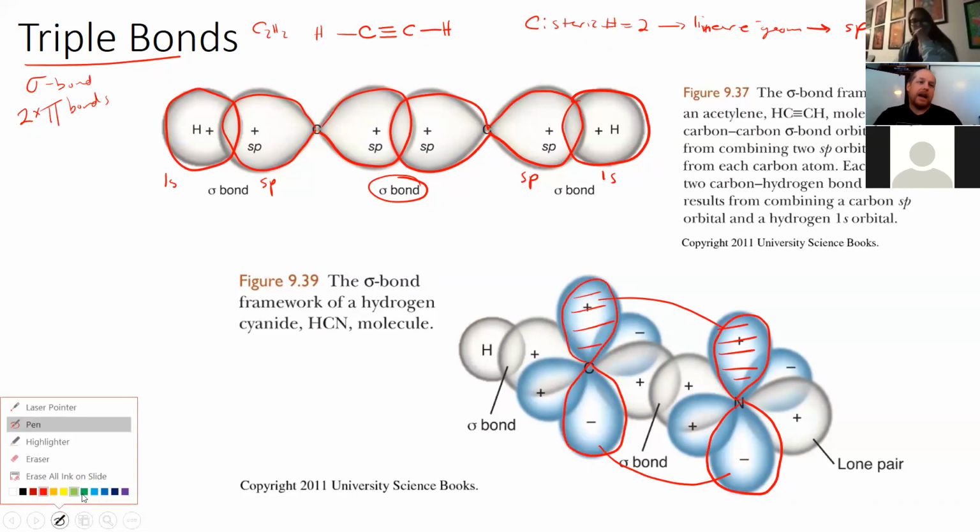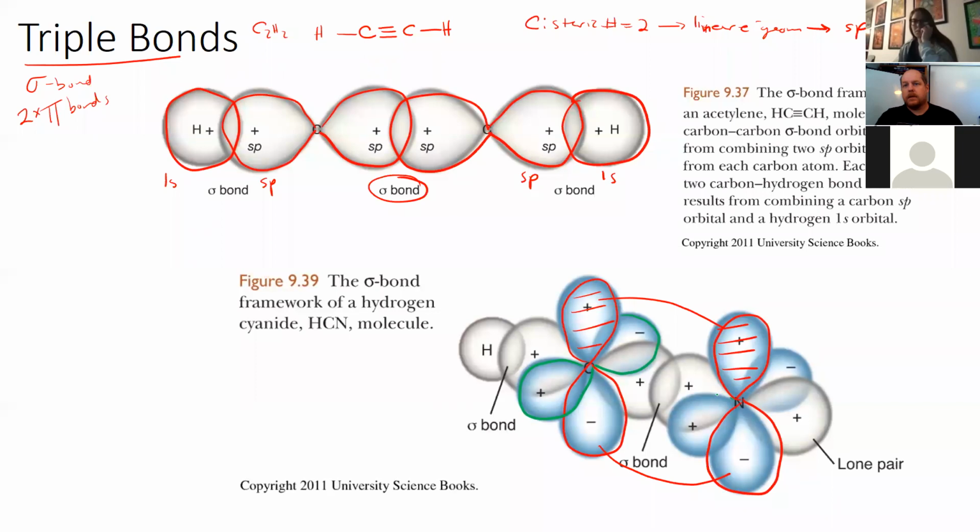And then if I have the other p orbital on each of those atoms, and they're in the same phase, I can get overlap between them. So this allows me to make now 2 pi bonds.